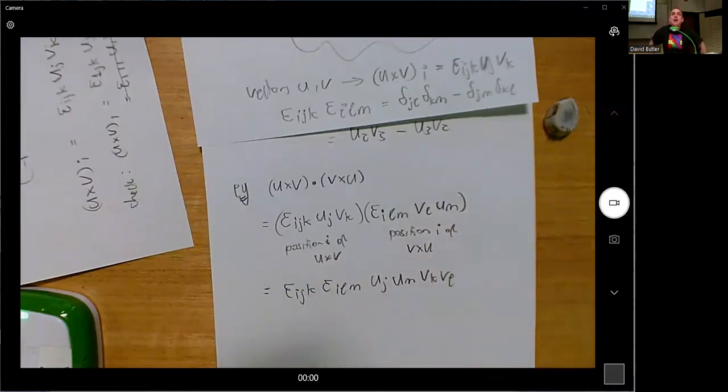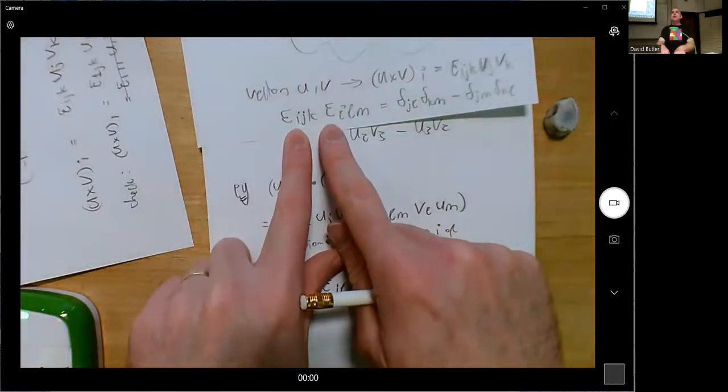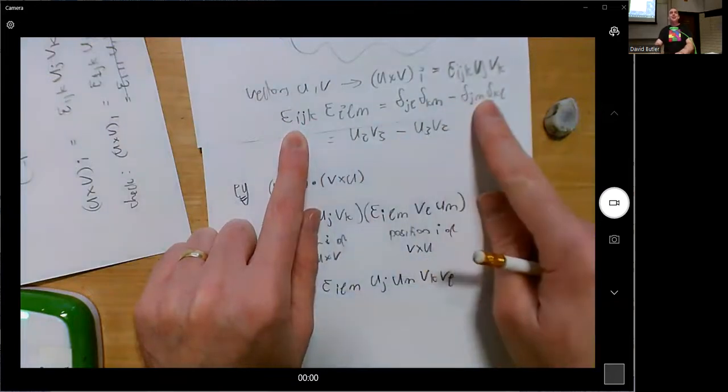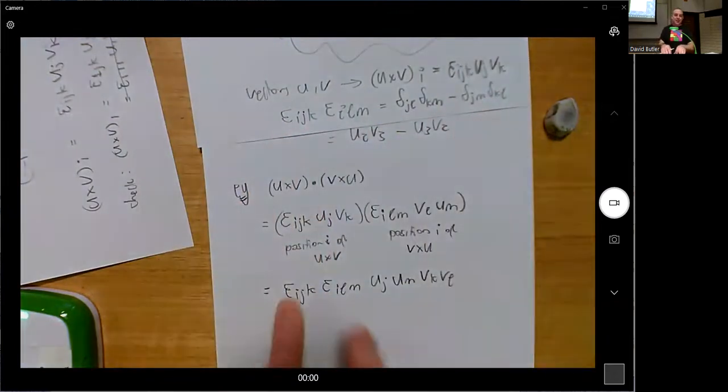That may have been a bad idea, but anyway, here I am. And my identity, the contracted one, I can't remember what it was called. This identity that turns epsilons into deltas means that I should be able to replace this with that, and it's hopefully going to be useful.